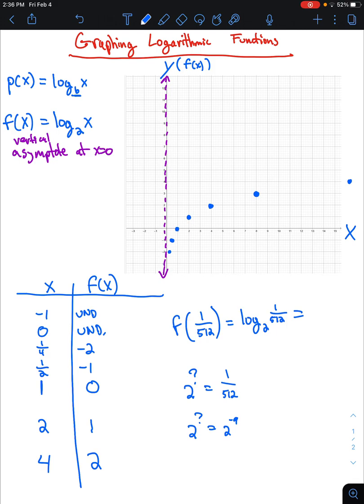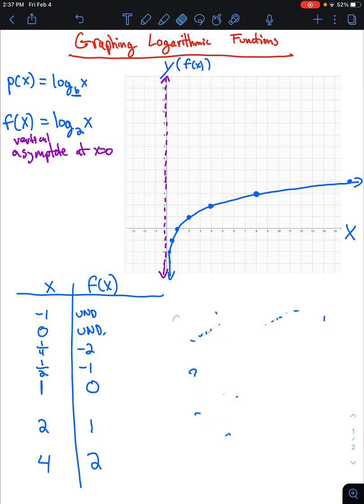So our output is -9. So we can continue getting more and more negative numbers as long as we keep increasing this denominator or making smaller and smaller fractions, closer to 0. Okay, so our end behavior of this function, as x increases, y is going to go towards infinity. As x tends towards 0, y goes to -infinity.